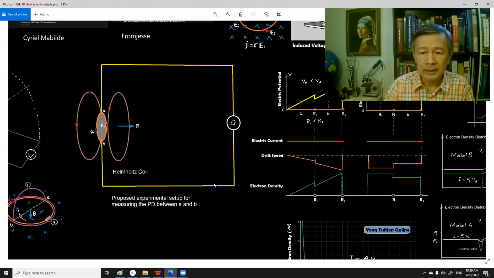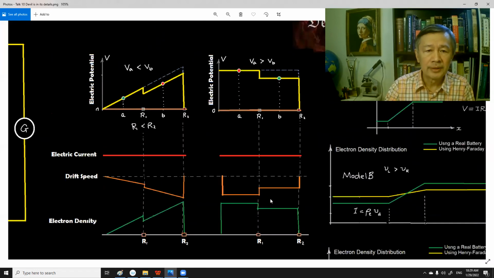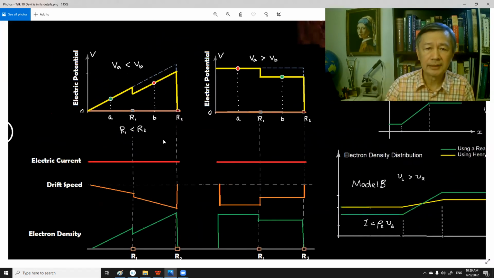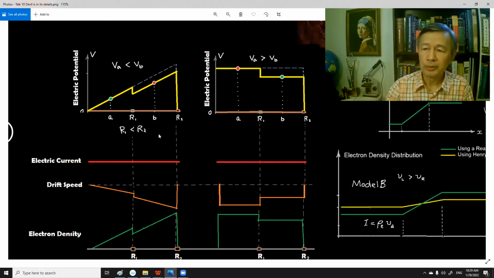Here is another detailed discussion. The upper two diagrams represent a circular loop, in which the current is induced by the magnetic flux change, and a loop driven by an ordinary battery.